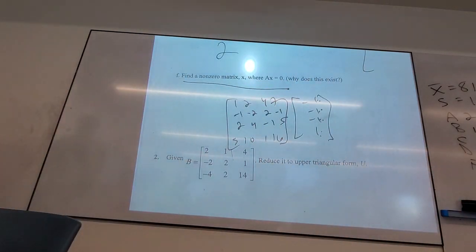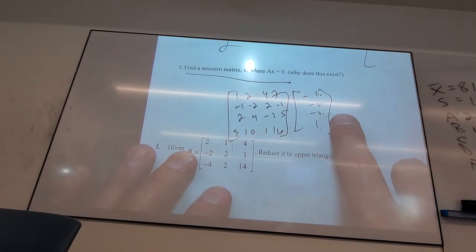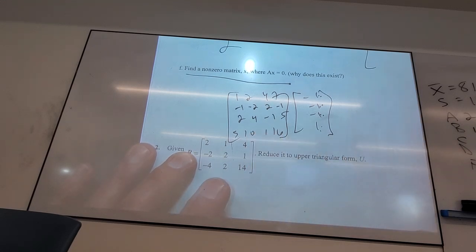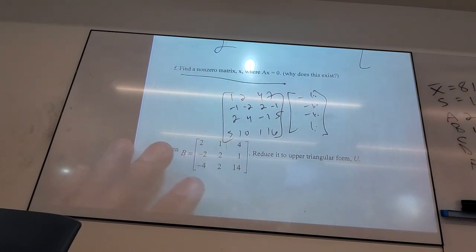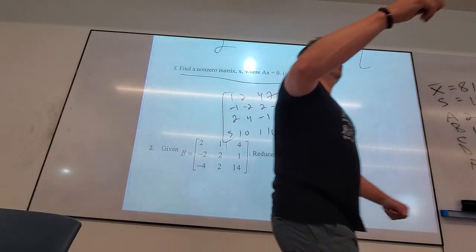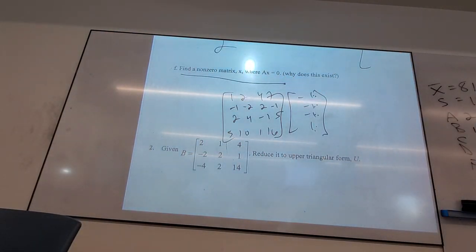Okay, real quick. It makes sense that if I make every element of this 0, then the answer is going to be 0. Yes? There's only one situation where I'm guaranteed that there's only one answer to AX equals 0, and that is if A has full rank.